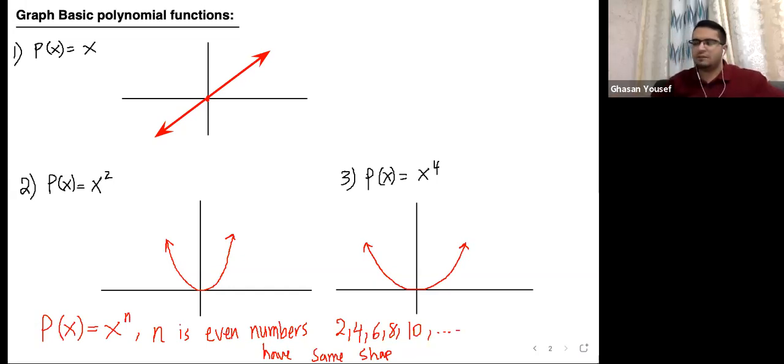Yes, even parabola, exactly. But if you're looking at 0, it will be like a parabola, but the difference between this parabola and this parabola is that here at 0 it would be more open, close to the x-axis, but here it will not be as open.